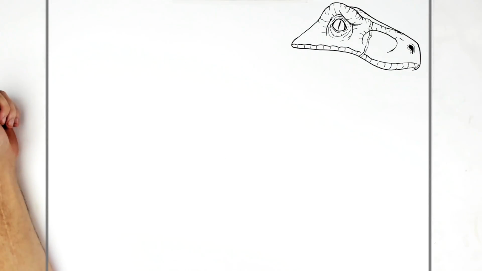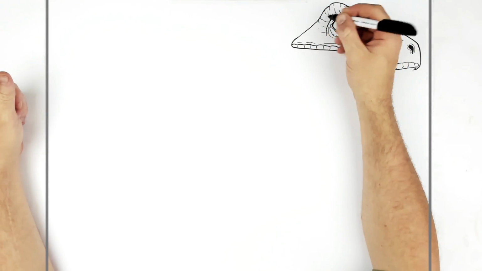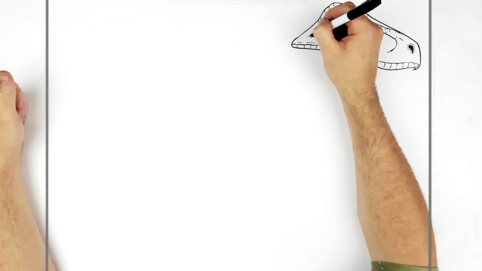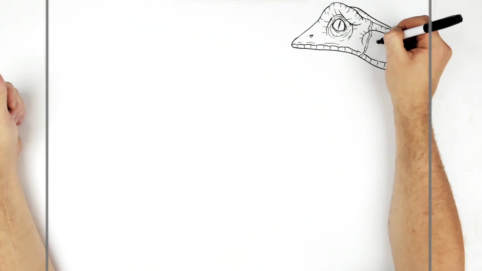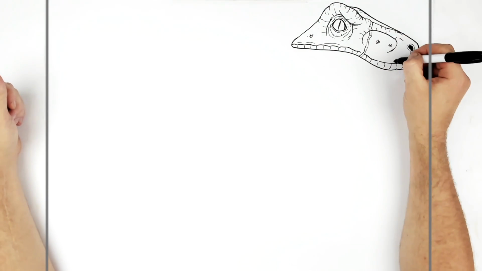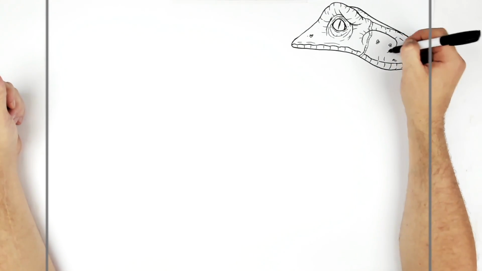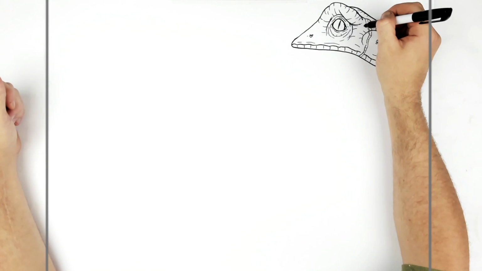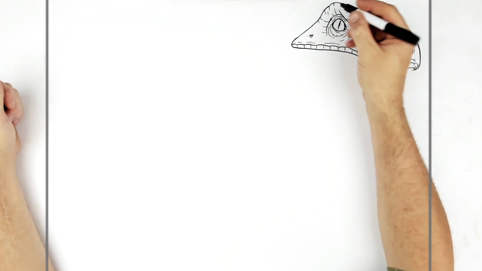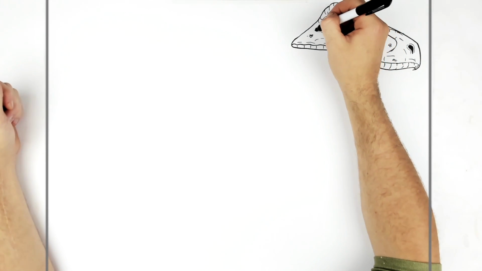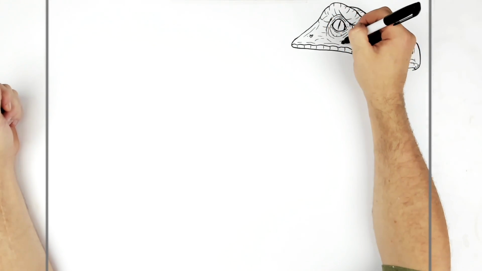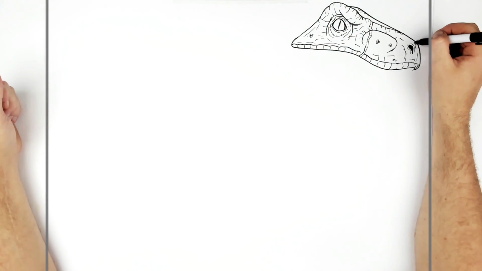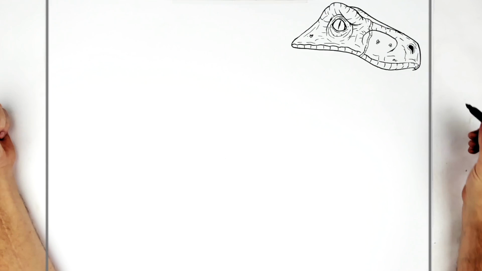Okay. And then again, you can add more texture. Scales, like these clusters of circles together. It just makes everything look a bit more textured. And then skin lines and stuff coming across. Okay, just giving them that reptile skin look.